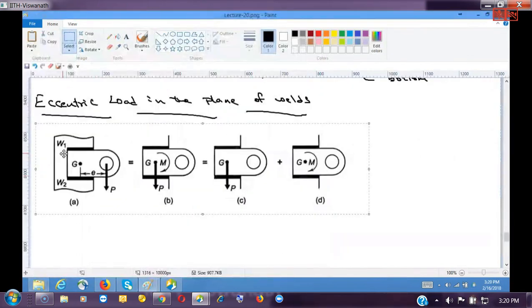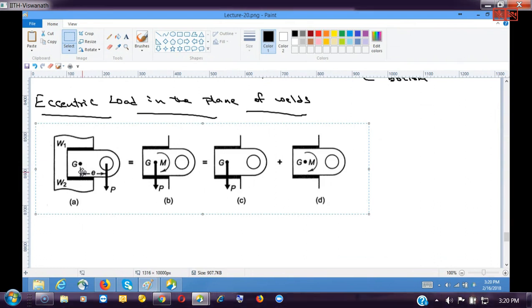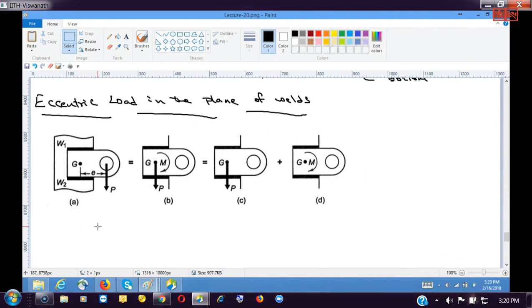If you look at it, this is the plane and this is the load acting in the same plane, but this load is acting at a distance of E, or at an eccentricity of E, from the center of gravity. This is the reason it is called eccentric load in the plane of weld.